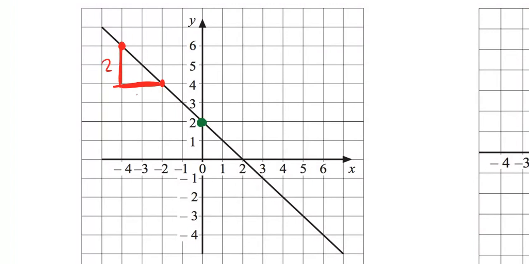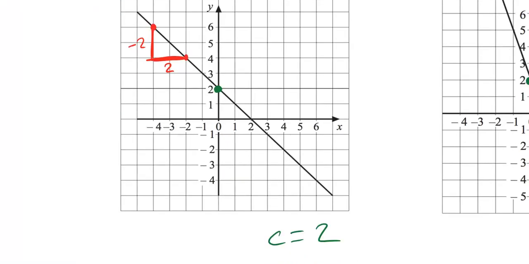In both cases it's 2 across, but to be honest, we're going down 2 rather than up, so I might do minus 2 there. Our value, which we call m for gradient, is the change in y divided by the change in x, and in this case that is minus 1.